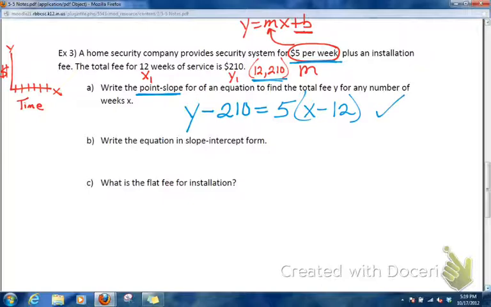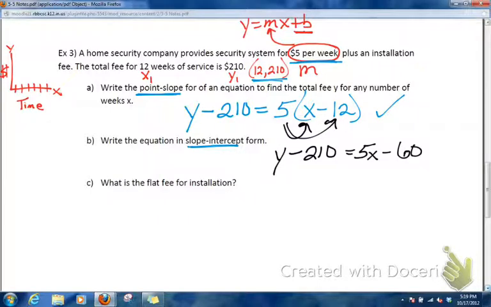Now b tells us to change this into slope intercept form. Well, we remember from just the previous problems that to do that you just simply solve for y. I'm going to first distribute my 5, which is going to give me y minus 210 equals 5x minus, what is that, 60? 5 times 12.